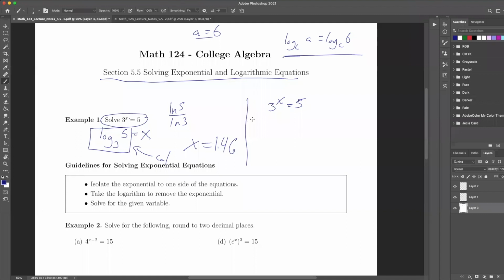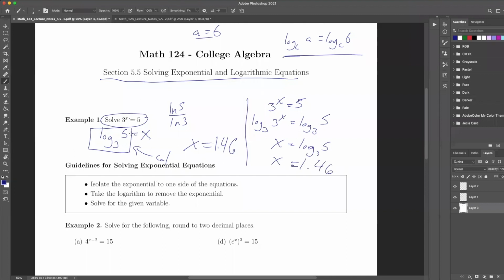So log base 3 of x is equal to the log base 3 of 5. And so log base 3 of x just evaluates to x, and here we have log base 3 of 5. And so this gives us the same answer.